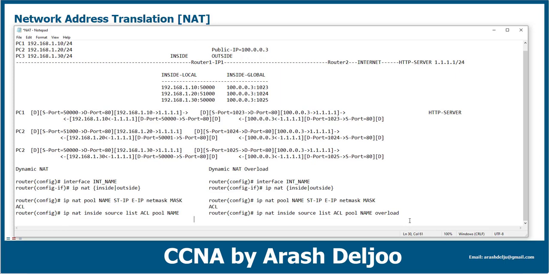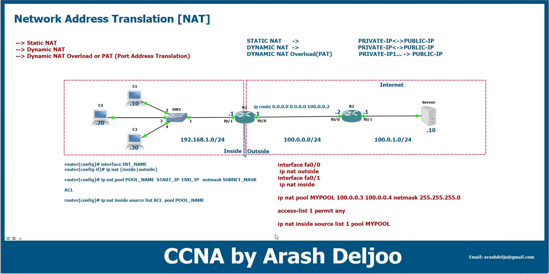Look at the configuration of the NAT command in router config: ip nat inside source list, then the ACL. Instead of using the pool, you configure interface, then the interface name, and after that overload. That's it. So easy. Let me show you this type of configuration in Packet Tracer.